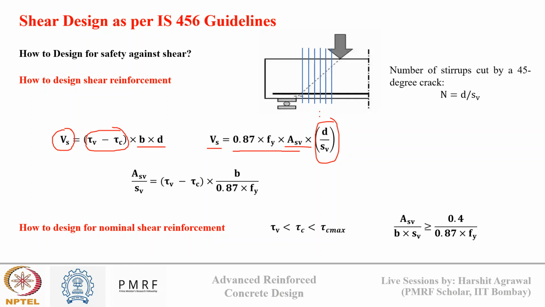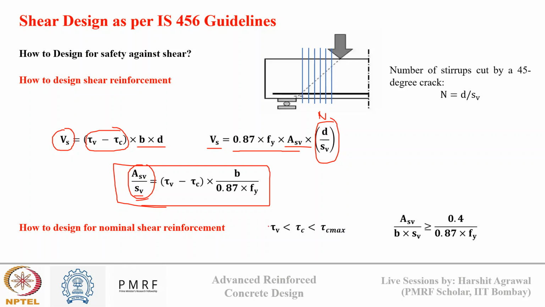This d upon SV will give me the number of stirrups in a particular section. Now from this, we can estimate ASV upon SV. If we rearrange, and if we know the ASV value, we can determine the SV value, the spacing between the stirrups.